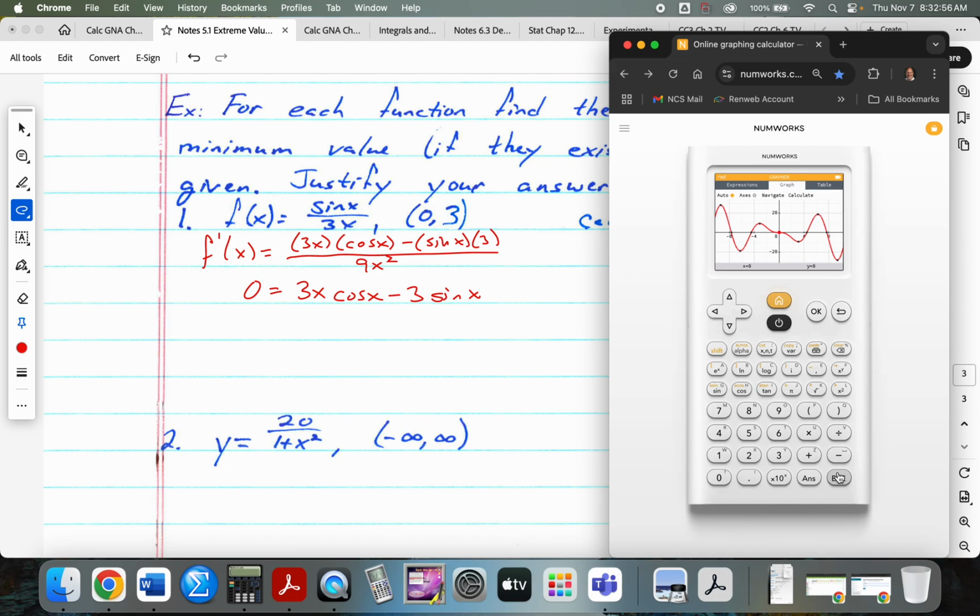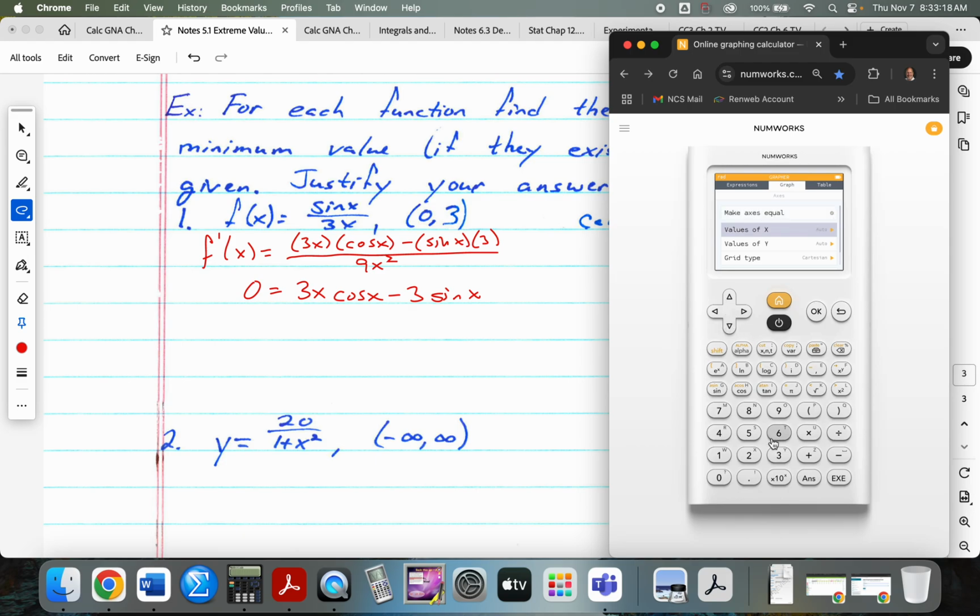But I want this to only be between 0 and 3, right? So I can change the axes.